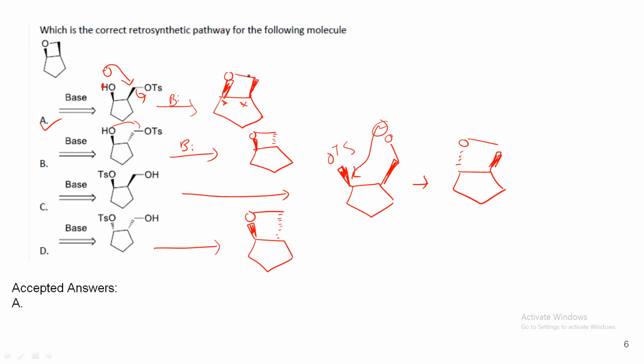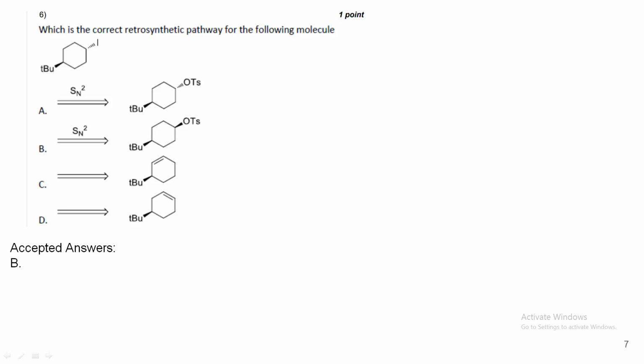So only the syn oxidation is kind of possible to form for this kind of substrate, or starting material, if we use it, so that's why that would be the right answer. And for this case, they are asking which is the correct synthetic path.